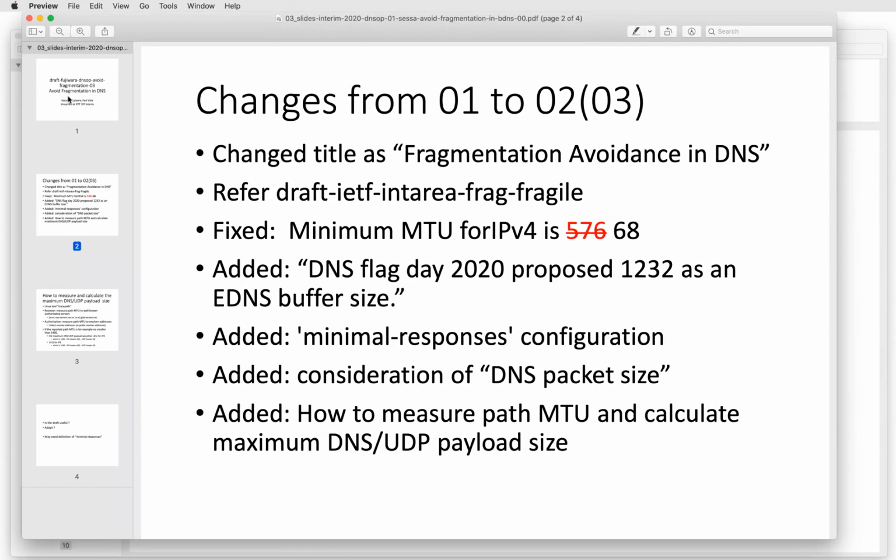And we added that DNS Flag Day 2020 proposed 1232 as an EDNS0 buffer size. And we added minimal response configuration, and the consideration of DNS packet size and how to measure path MTU and calculate the maximum DNS UDP payload size. Next slide, please.